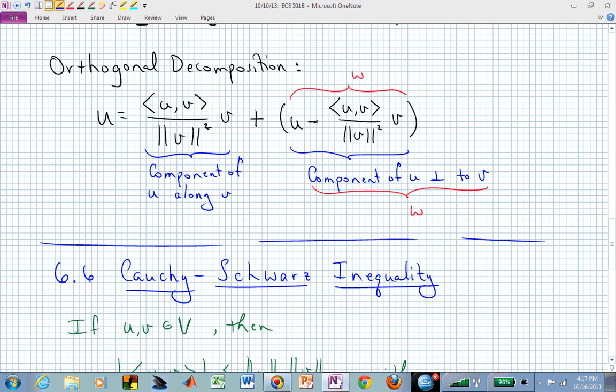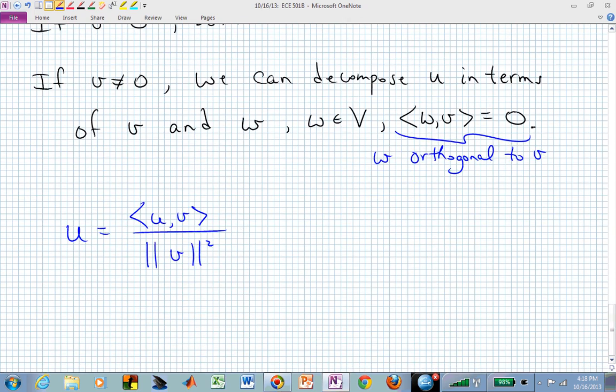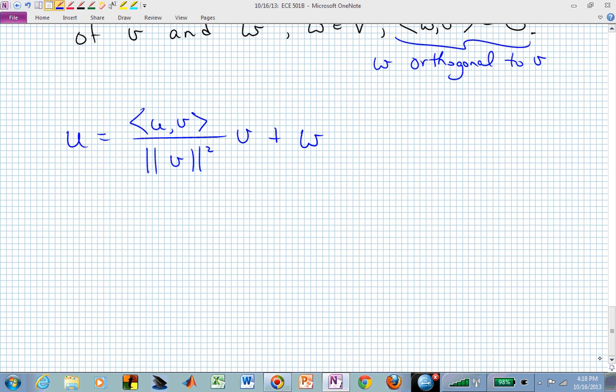There is our a that we were using before, the inner product of u and v over the norm of v squared, in the direction of v, plus w. So that's just another way of rewriting u. But what do we know about vectors that are orthogonal to each other?